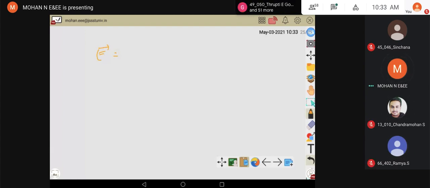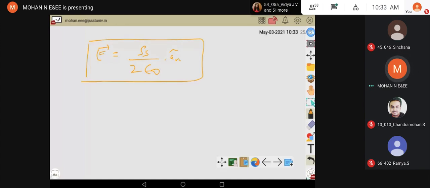Yes, exactly. Rho S by 2 epsilon naught, and it will be perpendicular, normal to the surface, that is a n cap. Using this, you can solve for the potential due to an infinite surface charge.